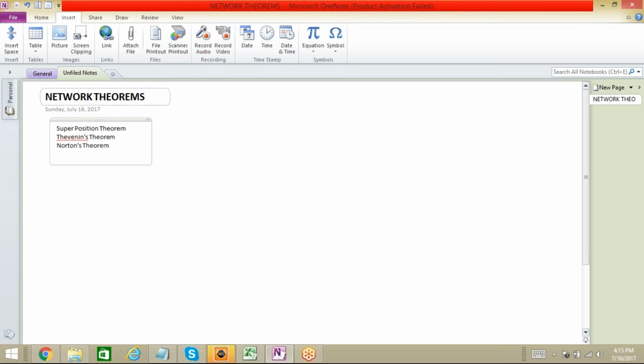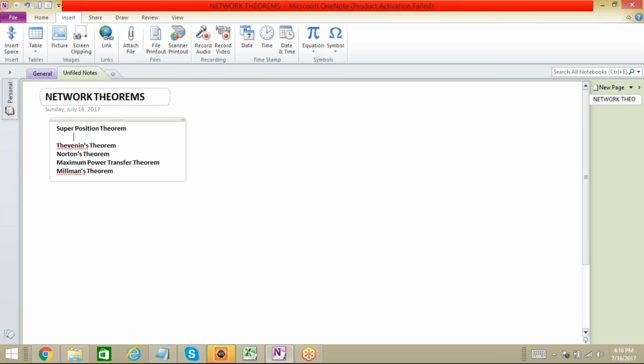Then we have the maximum power transfer theorem. And then we have Millman's theorem. Let me give you some brief details about all of them one by one.